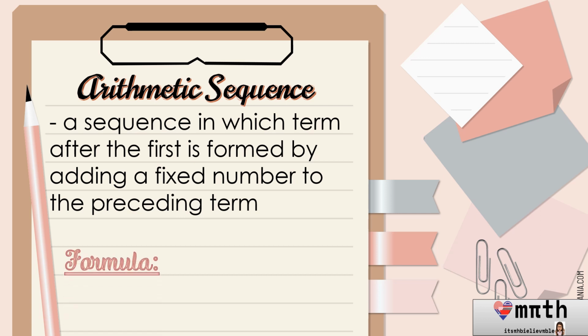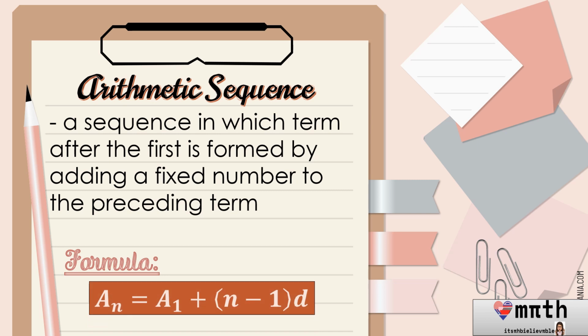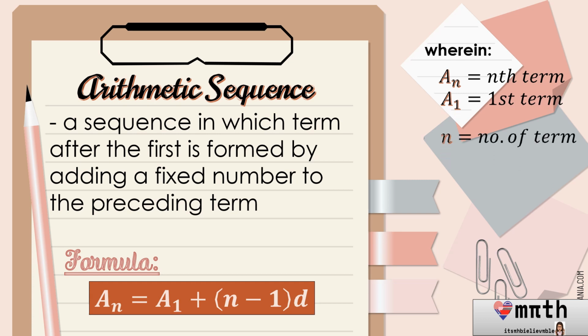Its formula is a sub n is equal to a sub 1 plus n minus 1 multiplied by d, wherein a sub n is the nth term, a sub 1 is the first term, n is the number of terms, and d is the common difference.